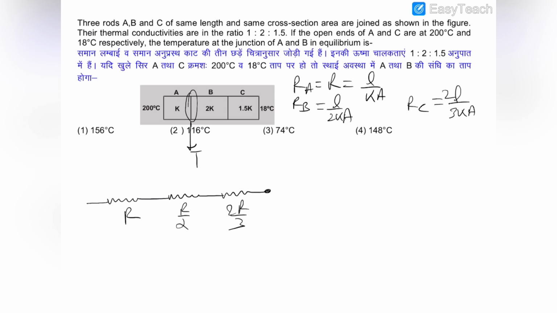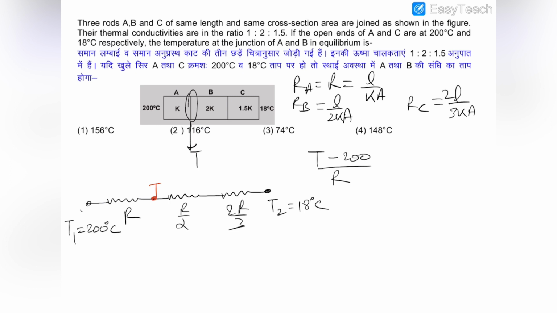So this end is at temperature T2, which is 18 degrees Celsius, and this end is at temperature T1, which is 200 degrees Celsius. The temperature of this junction we have assumed as T. So we can apply the nodal analysis and write the equation as (T minus 200) upon R, and you can see that the series combination of R by 2 and 2R by 3 will be equal to 5R by 6.